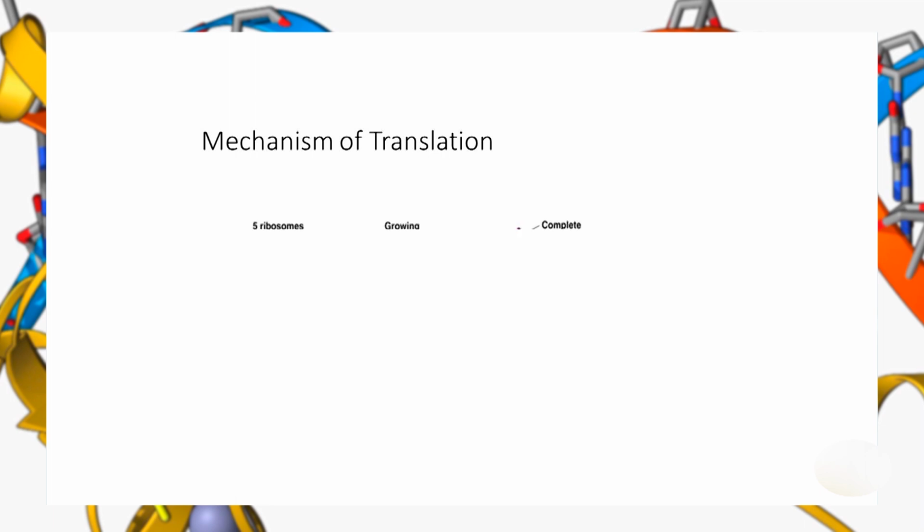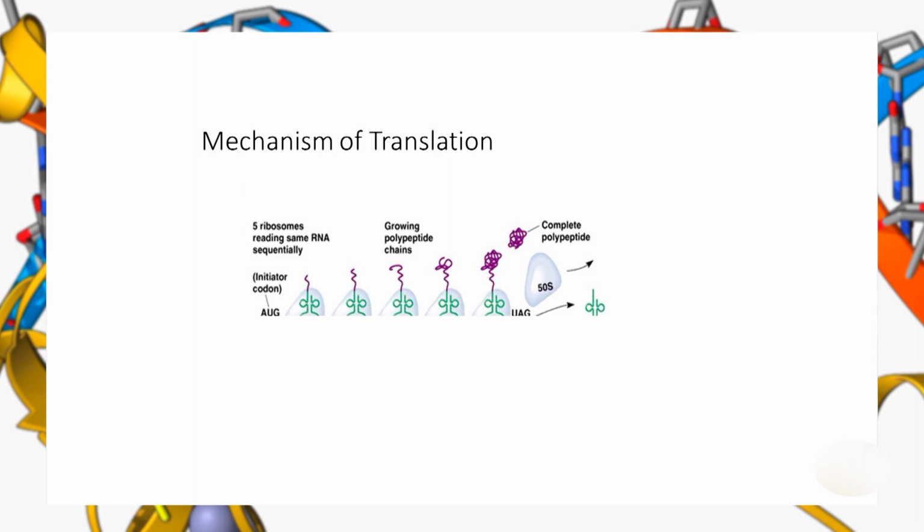At the start of elongation, the messenger RNA is bound to the complete two-subunit ribosome with the initiating tRNA in the P site and the A site free for binding to the next tRNA.